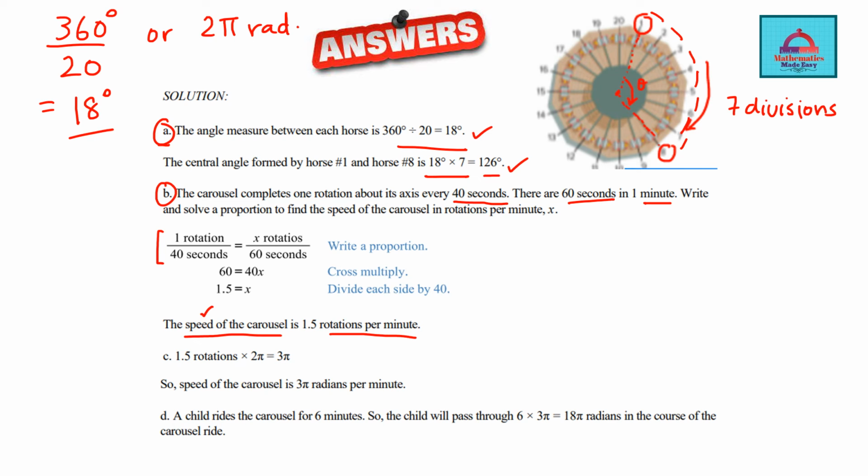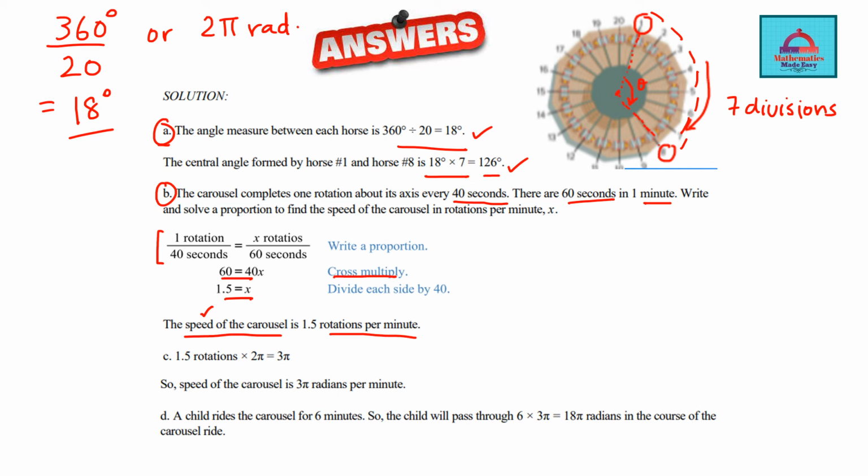You need to find how many rotations are happening in 1 minute, that means in 60 seconds. So this is the proportion, just cross multiply, do the cross product and solve for x. So x comes out to be 1.5. So in 1 minute, 1.5 rotations are being taken. So that's easily your speed of the carousel in rotations per minute.